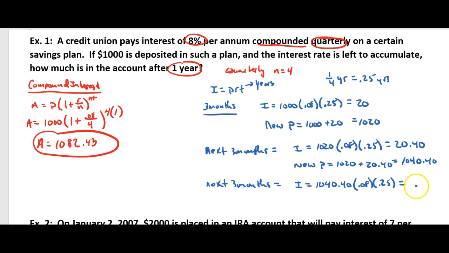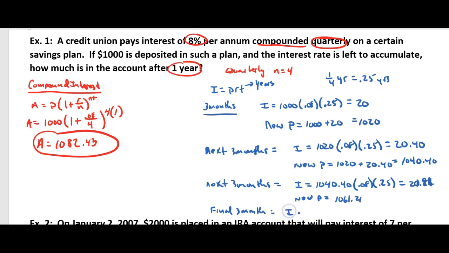And when I calculate this interest, now I'm earning, oh sorry, this is $20.81. And my new principal then would end up being $1,061.21.